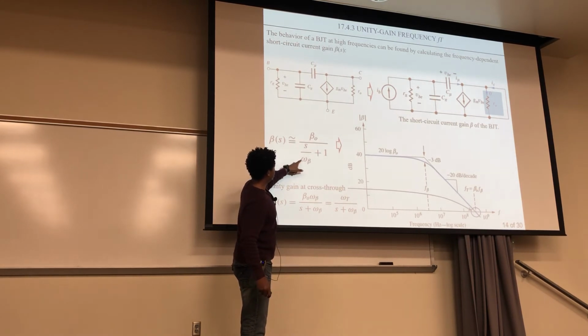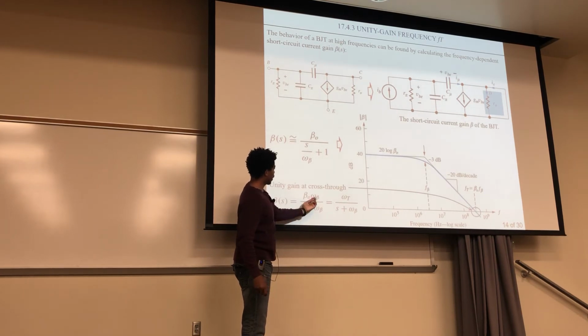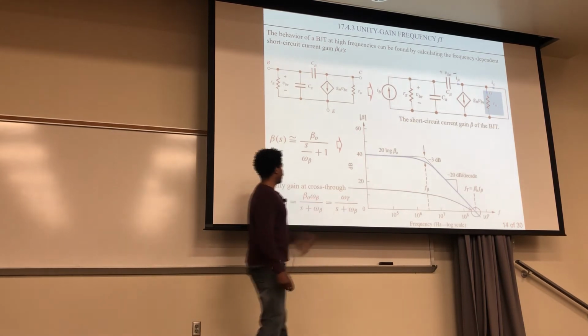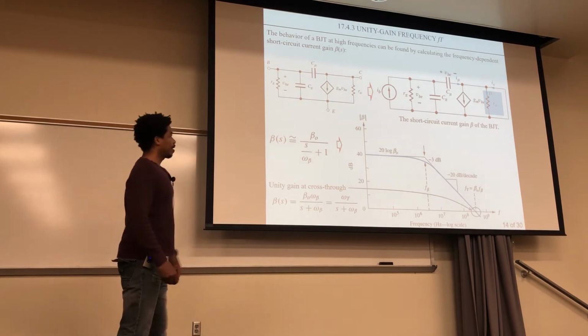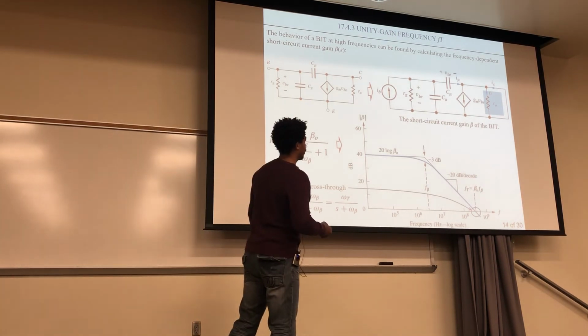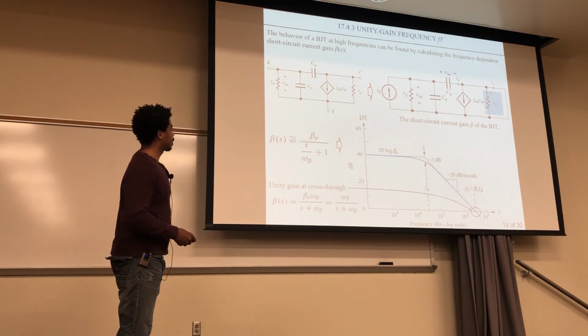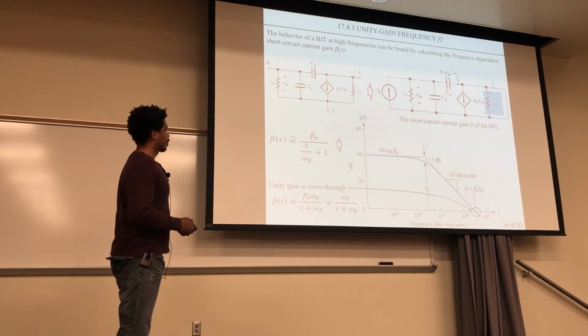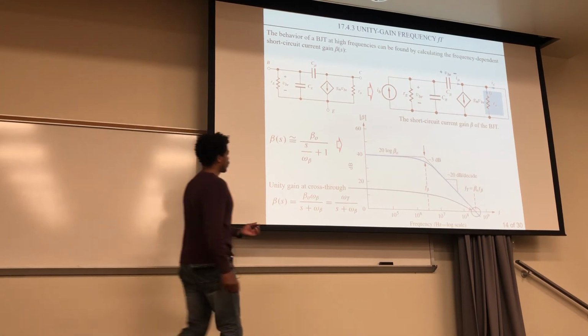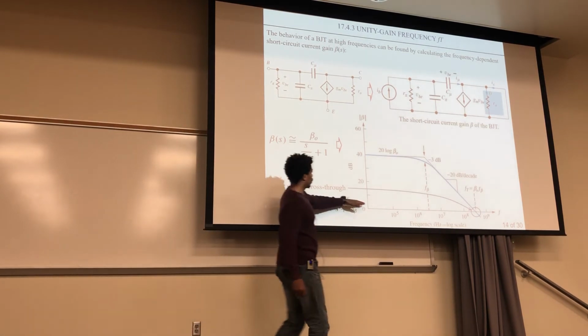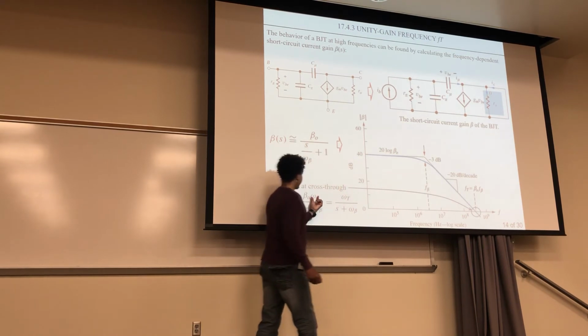This product right here is omega T, that's unity gain, or you can just write it f T. But that's what that is. And so it's equal to this beta 0, which is this height right here, and omega beta, which is from here to here. Yeah, so that's what this is right there.